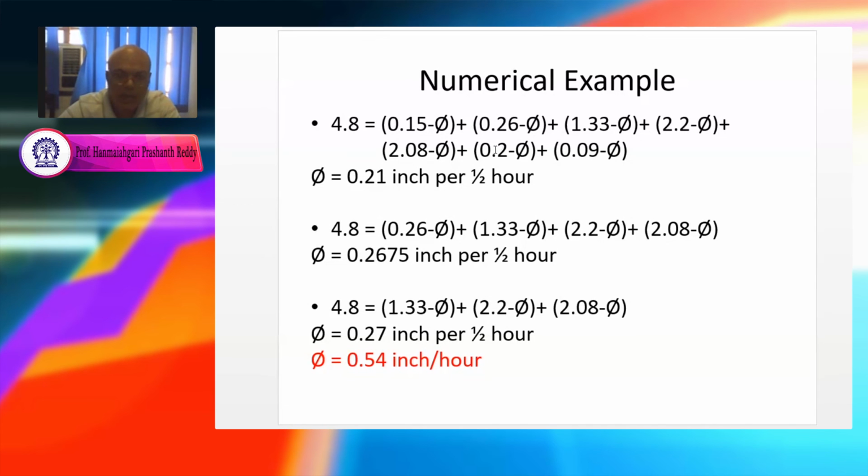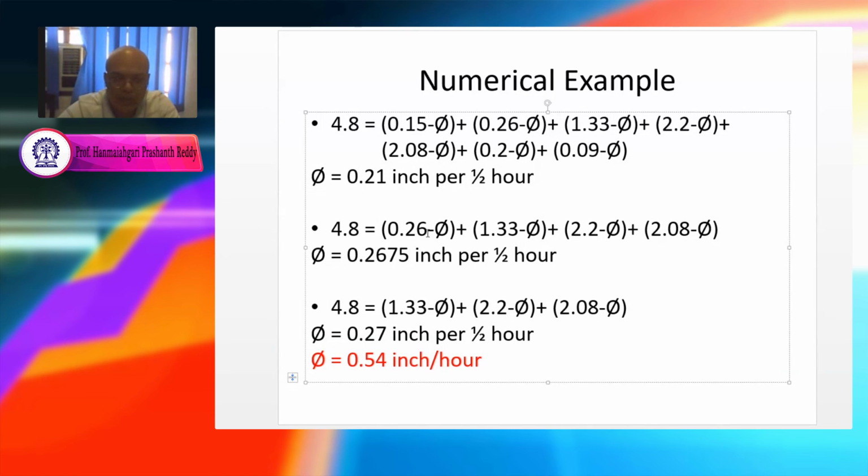We have to add all of the rainfalls after subtracting the phi index. From this we'll get phi is equal to 0.21 inch in half an hour. But you see that the first rainfall, which is 0.15, and the last two rainfalls, which are 0.2 and 0.09, don't contribute to the direct runoff, so we have to neglect them.